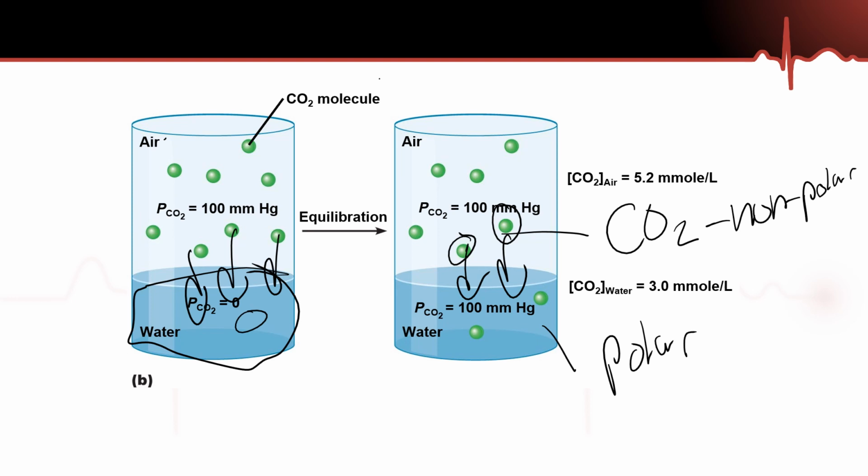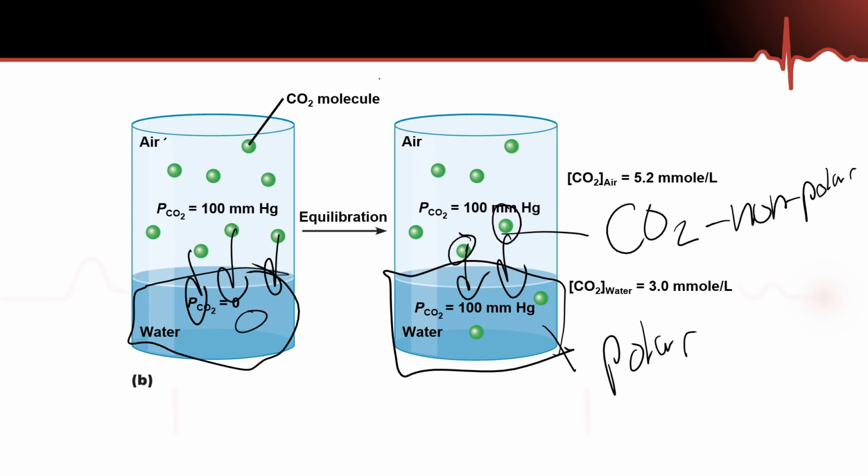So any carbon dioxide molecule that comes into the water, it bounces around, shoots around like crazy, bounces all over the place because the carbon dioxide is nonpolar and the water is polar. So you don't actually need very many carbon dioxide molecules to move from the air into the fluid to very quickly drive the partial pressure of carbon dioxide within the fluid up to 100.